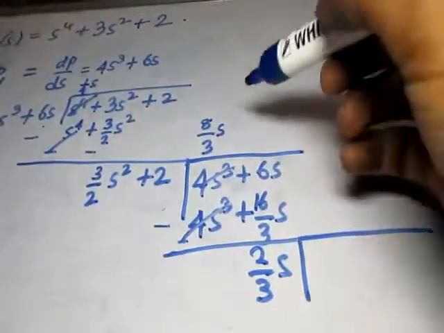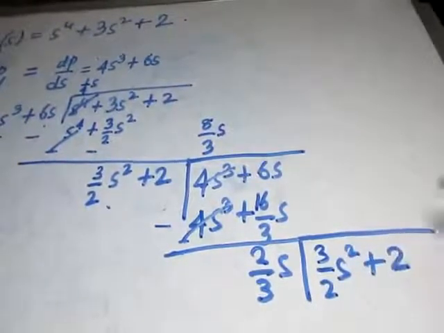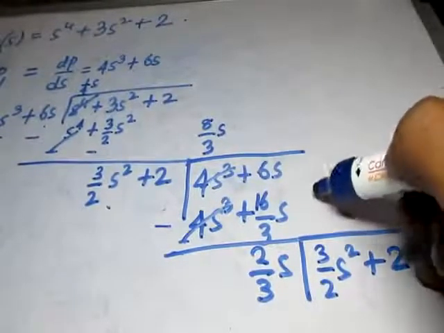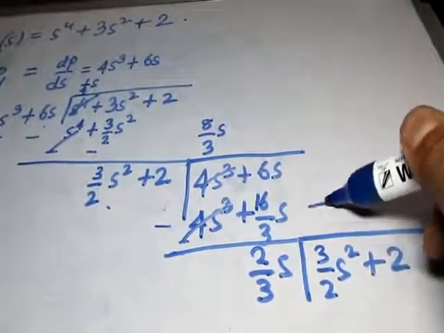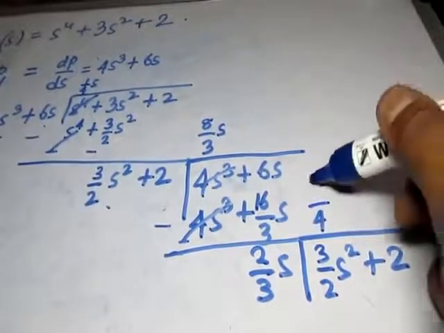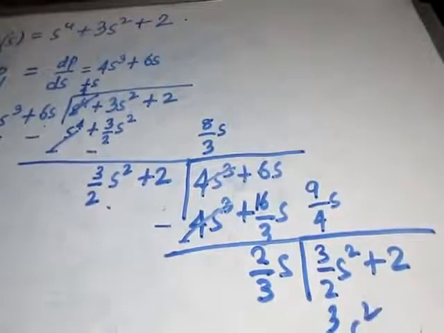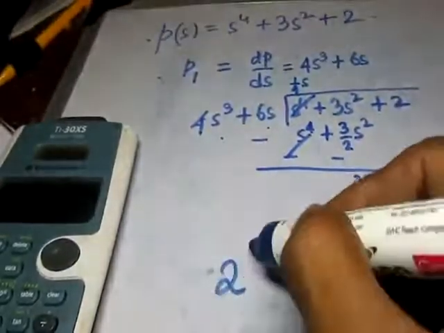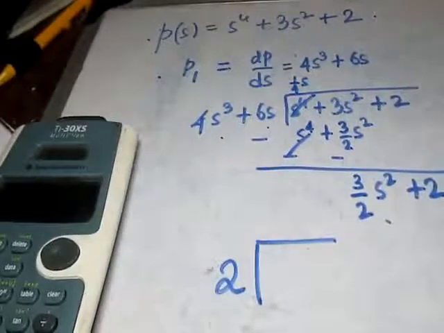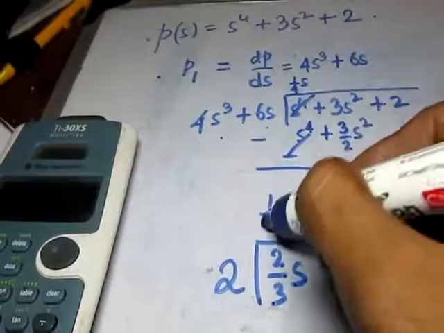Here we will write this one, 3/2 s square plus 2. So for dividing we'll write 9/4 s, and this is 3/2 s square. Subtracting, we have 2. Now we take the remainder, 2, and we put this one here, 2/3 s. This becomes 1/3 s.